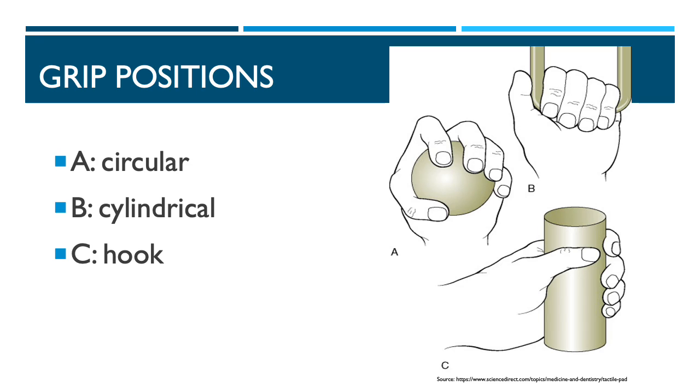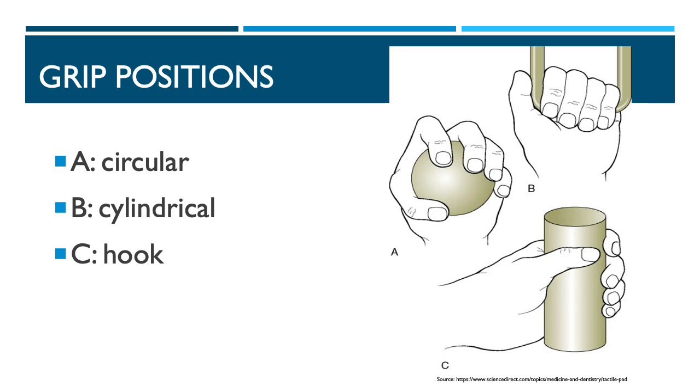In OT school, we spend a lot of time talking about different grip and pinch positions. So forgive me if you guys also go over this a lot, but I think it's worth at least mentioning the different grip positions and patterns, because for different activities, you might need different positions, and these each use different muscle groups.